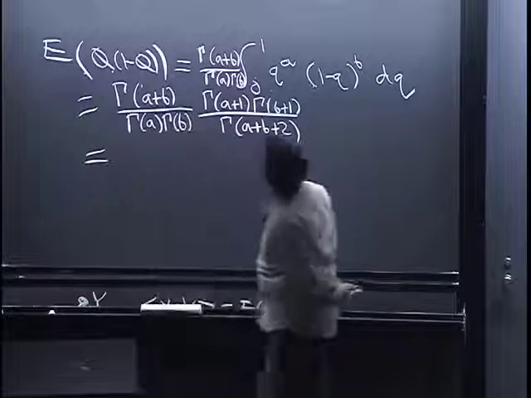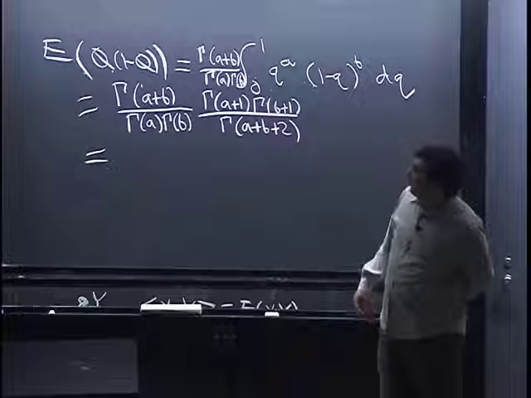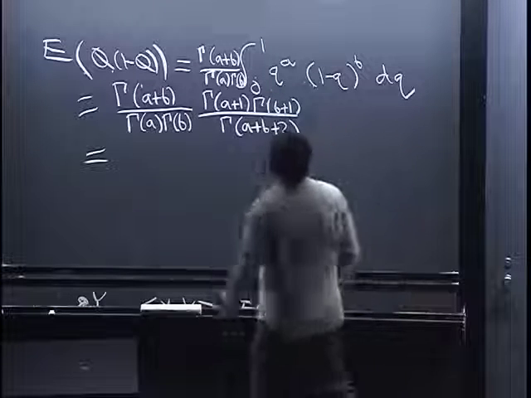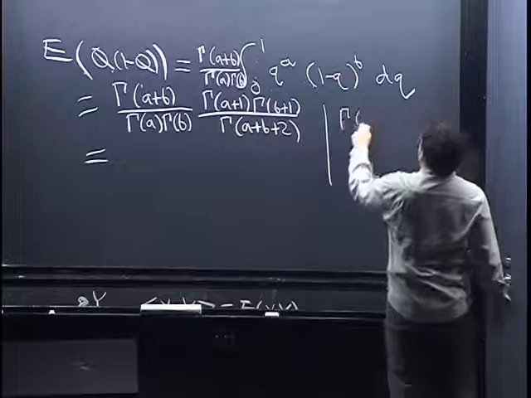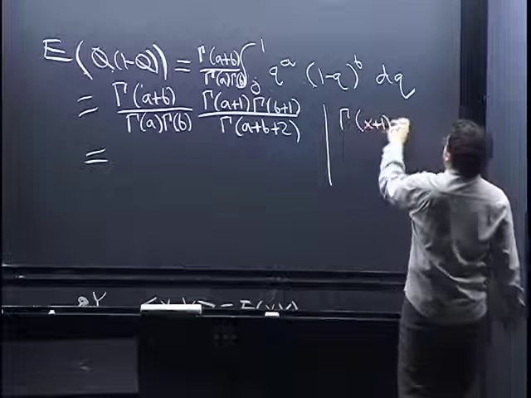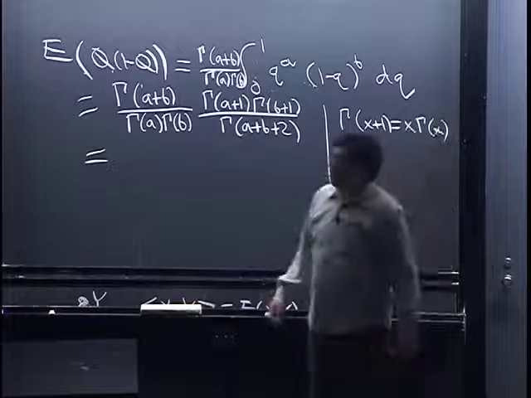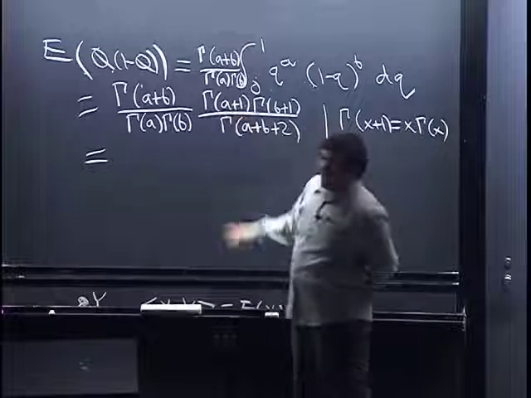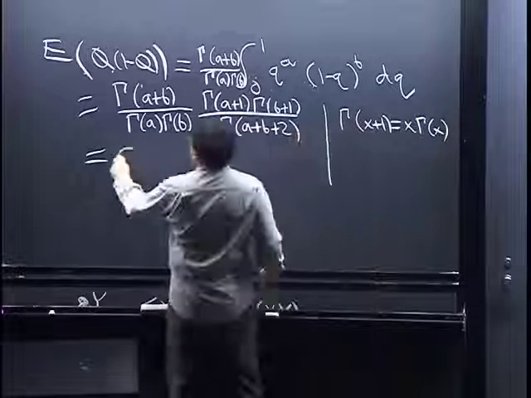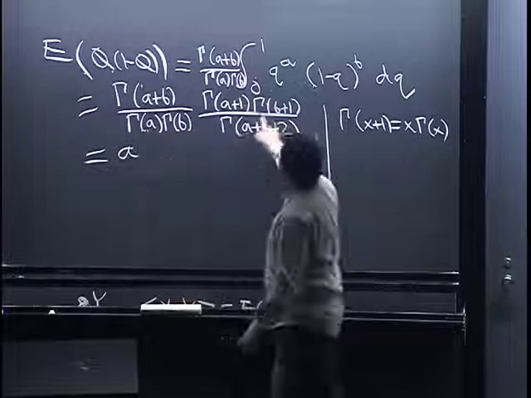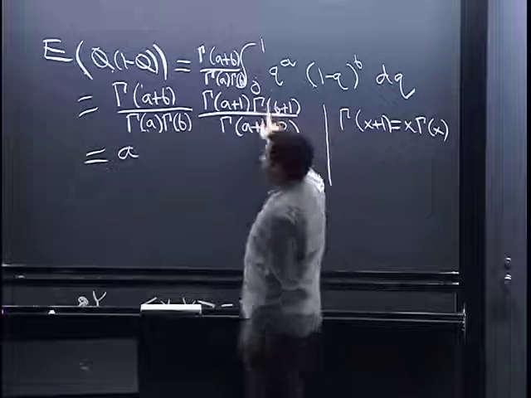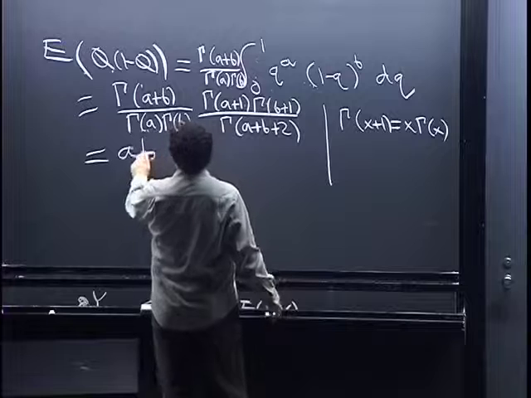Now let's simplify. This thing looks ugly with the gammas, but we can simplify it if we remember the fact that gamma of x plus 1 equals x gamma of x. Just use that fact a bunch of times. So gamma of a plus 1 is a gamma of a, so this gamma of a is going to cancel. That's b gamma of b, so there's going to be a b there.